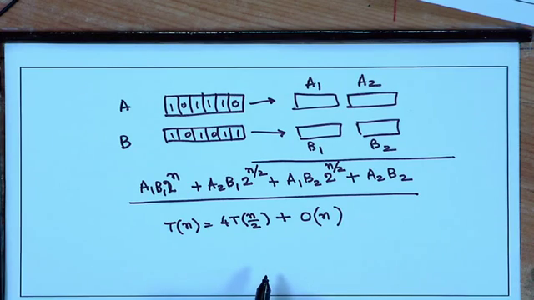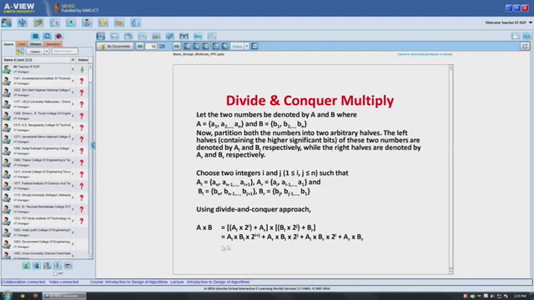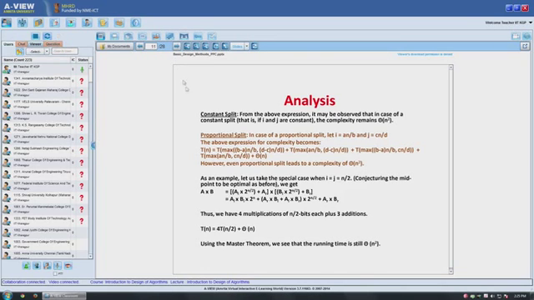If you have to multiply two n bit numbers, then this is what we have written here, and this requires 4 such multiplications, and with 4 such multiplications you reach this.